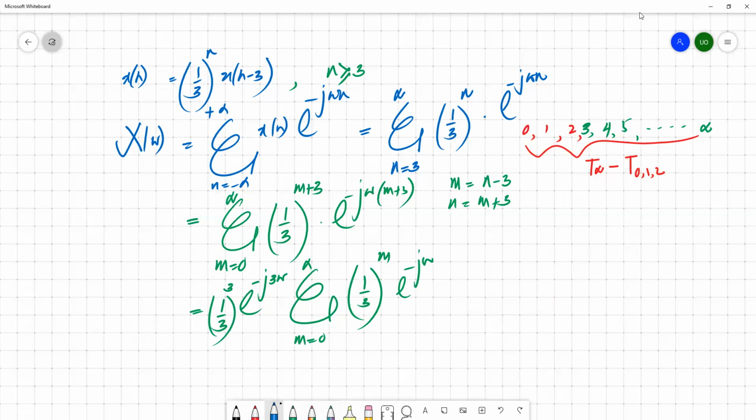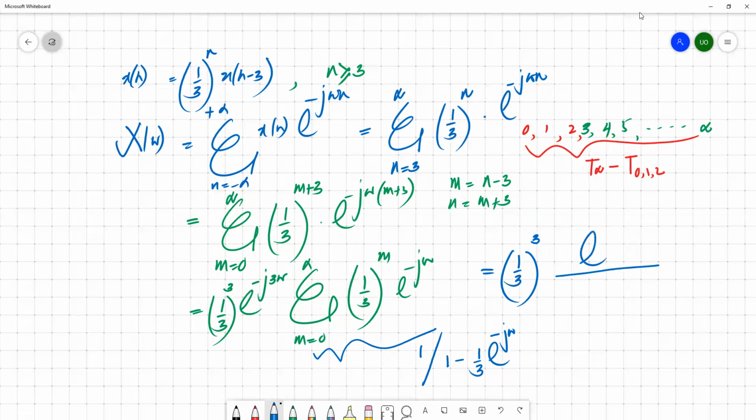So this sum from 0 to infinity is 1 over 1 minus 1/3 times e^(-jω). If you plug in that factor, we have (1/3)^3 in the numerator with e^(-j3ω), and the denominator as this.